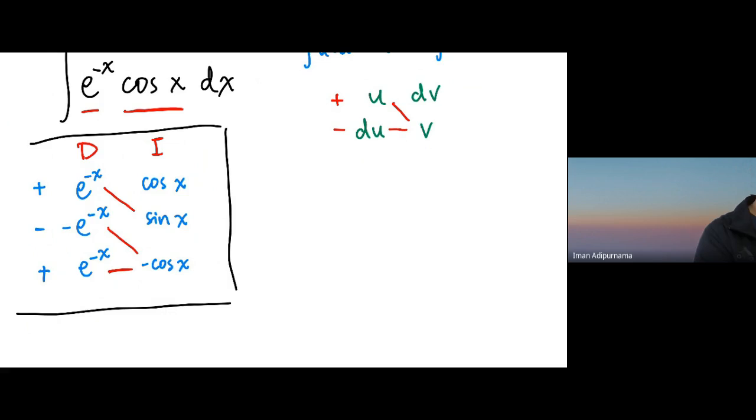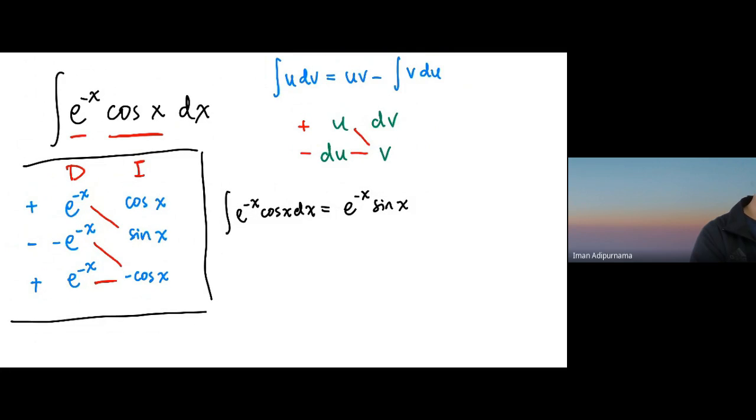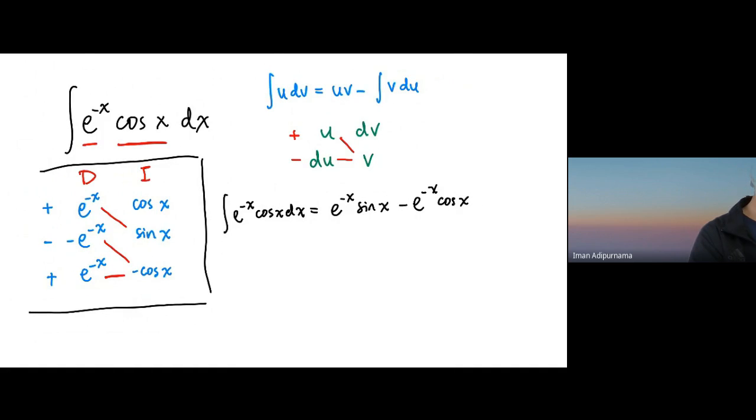And we can write down the formulation, and then minus, and then minus, should be plus, but it's multiplied by minus, so it's minus e to the power negative x cos x dx.